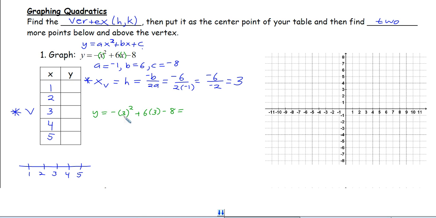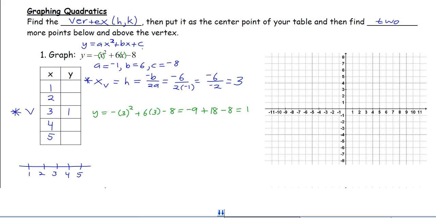That's why it's important to use those parentheses. 3 squared is 9, but then it's negative 9. Plus 6 times 3 is 18. And then we have minus 8. Calculating those out, you should get a positive 1. So we get a 1 here.